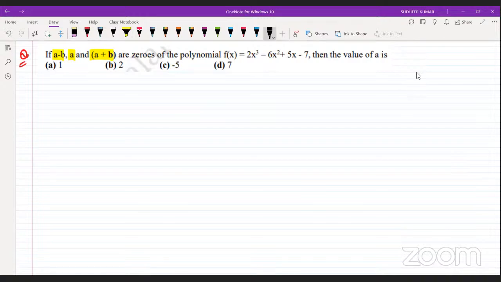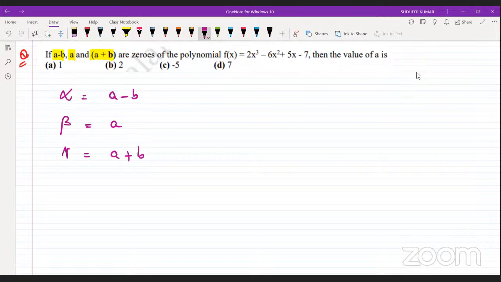So how can we find it? Let's take the first one as alpha. So alpha is a minus b, beta is a, and gamma is a plus b, the zeros of the polynomial. Then the value of a is.